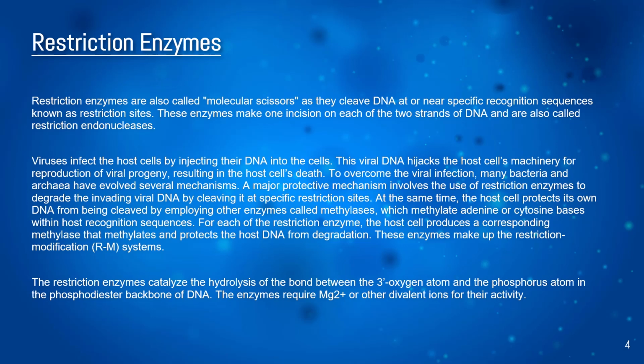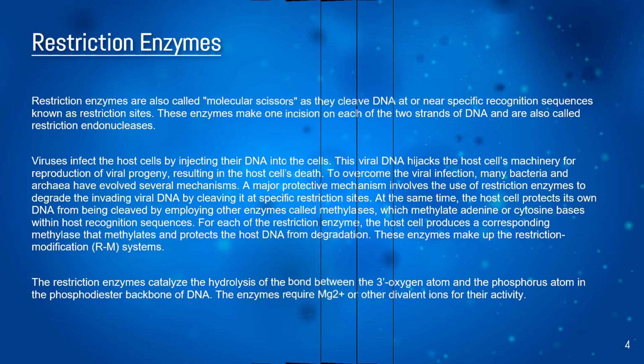For each restriction enzyme, the host cell produces a corresponding methylase that methylates and protects the host DNA from degradation. These enzymes make up the restriction modification systems. The restriction enzymes catalyze the hydrolysis of the bond between the oxygen atom and the phosphorus atom in the phosphodiester backbone of DNA. The enzymes require magnesium (Mg2+) or other divalent ions for their activity.